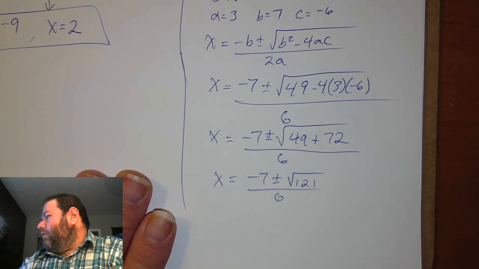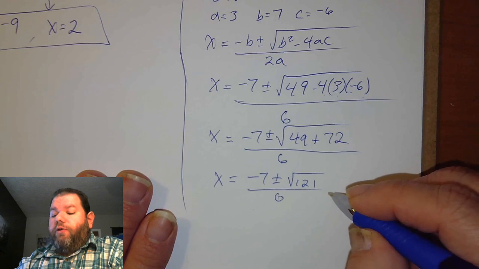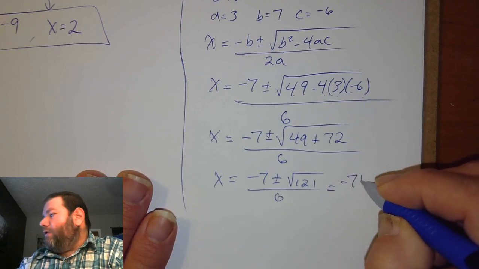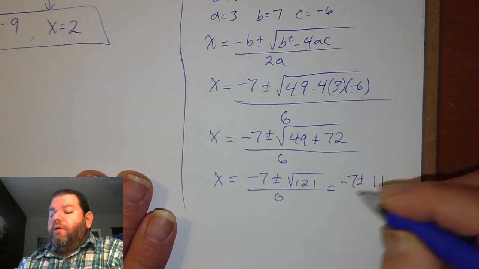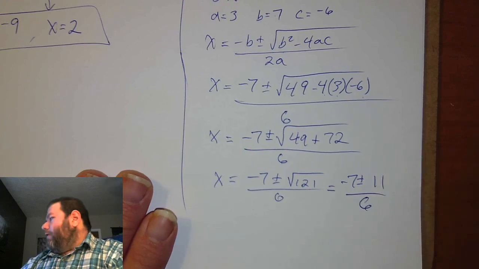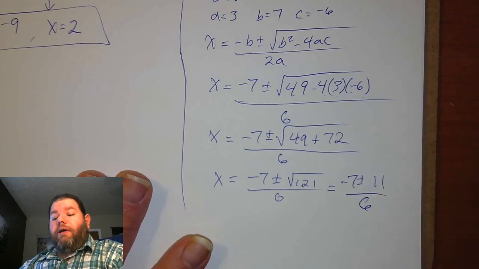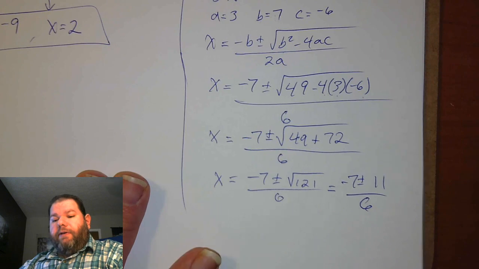Okay. So the square root of 121, we know that's 11. So we end up with -7 plus or minus 11 divided by 6.